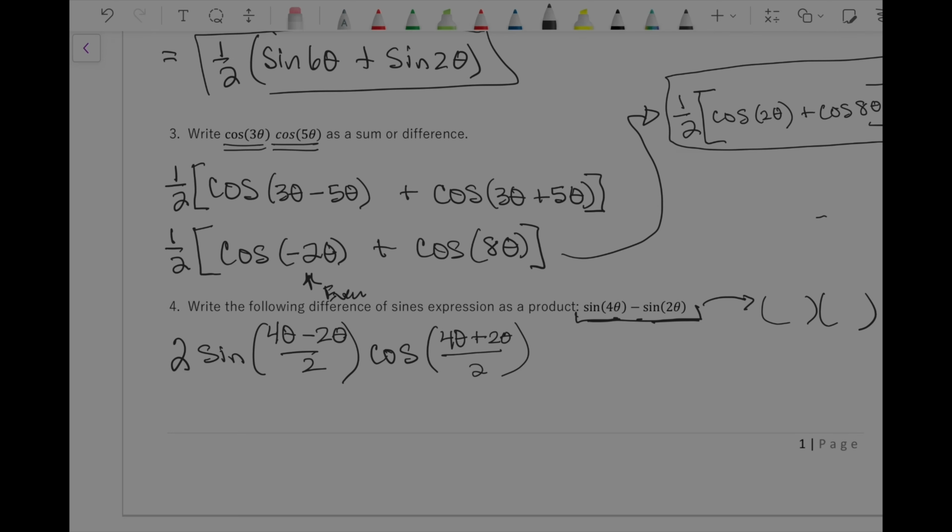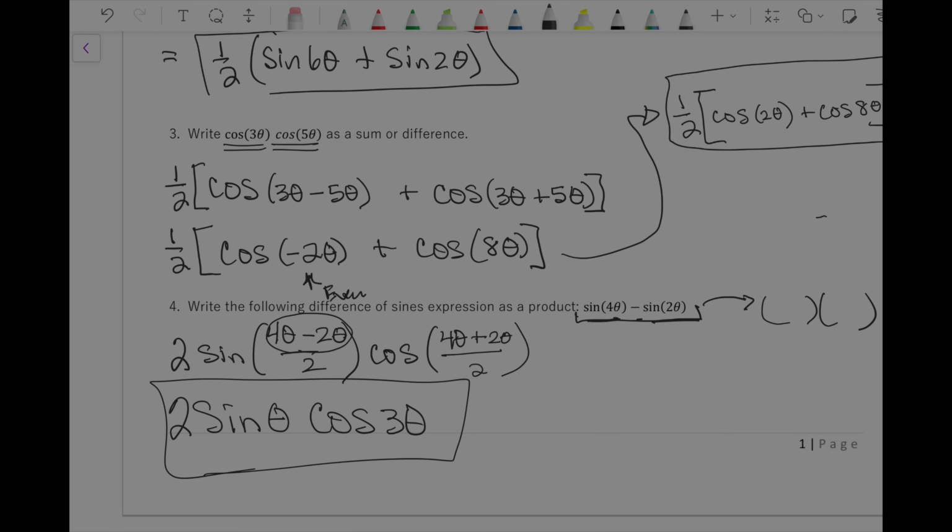So in the end, we can write this. Top would be a 2 theta over 2. The next one is a 6 theta over 2. And that is completed. Okay. Let's move on to the next one.